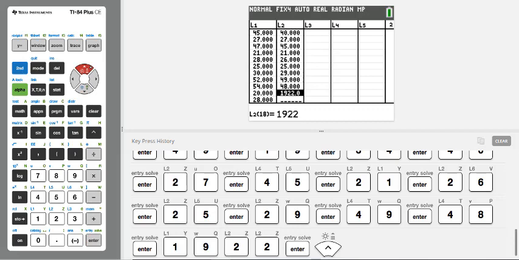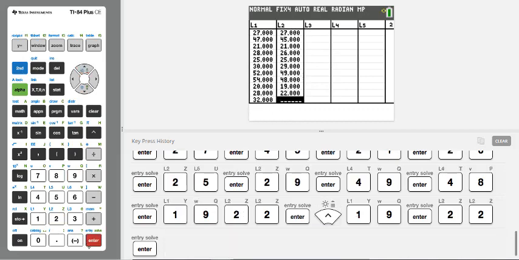I've done it again right there. 19, 22, enter, and last but not least, should be a 30. There. Okay, so double check, make sure all that's typed in.